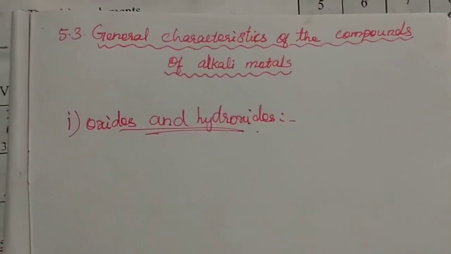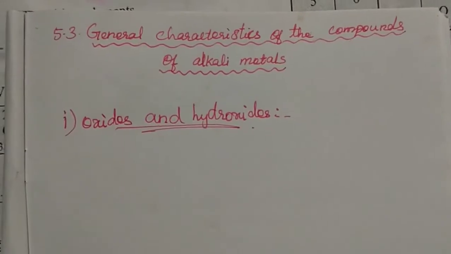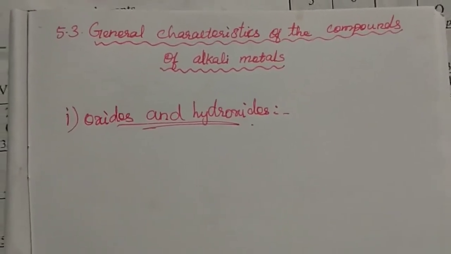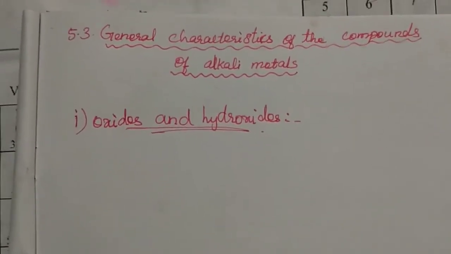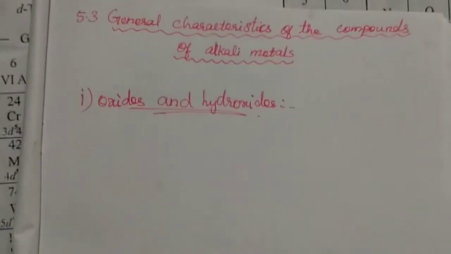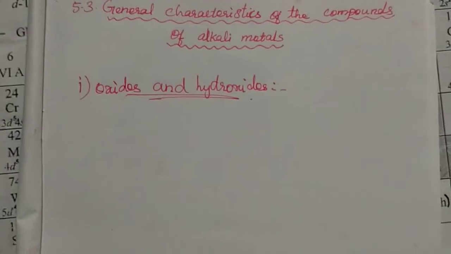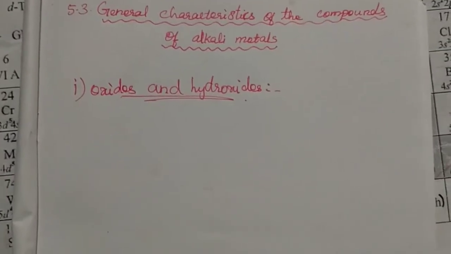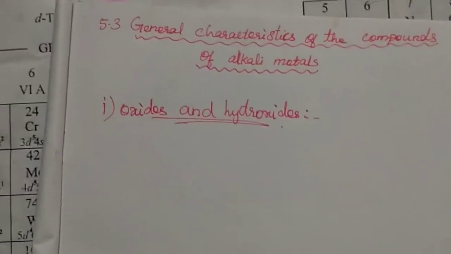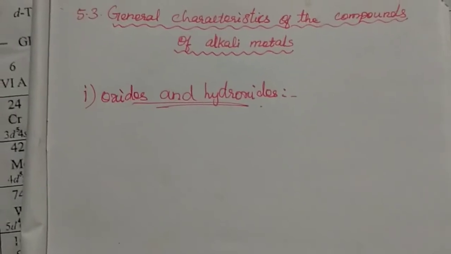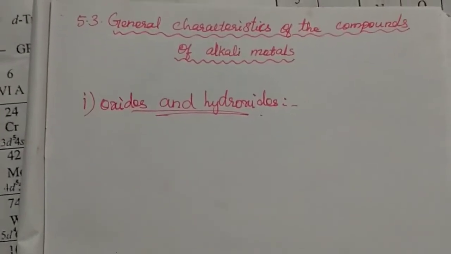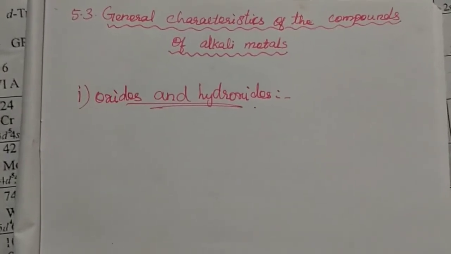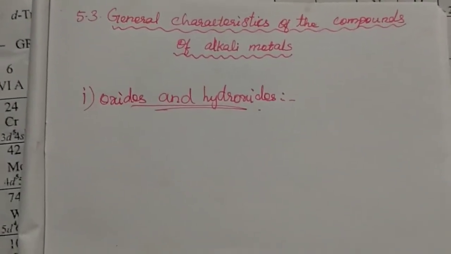That means a combustion process goes on between the alkali metal and oxygen, forming oxides. These oxides formed by combustion then react with water and form hydroxides. Generally, the hydroxides of alkali metals are basic in nature.